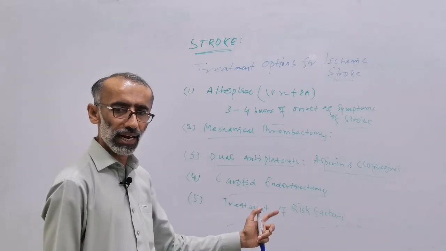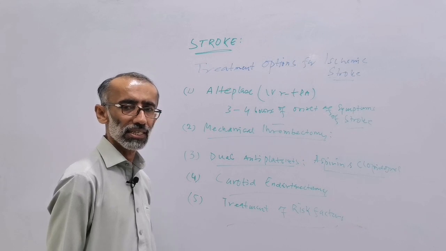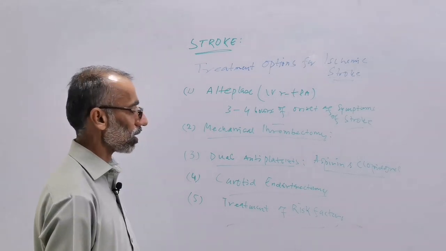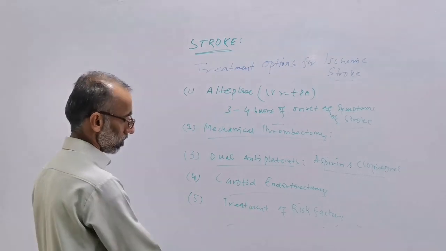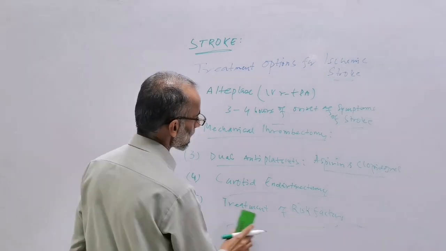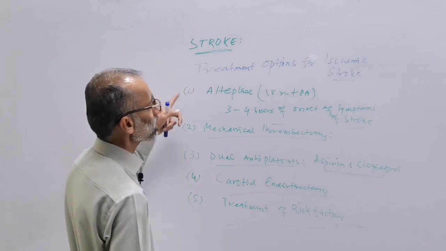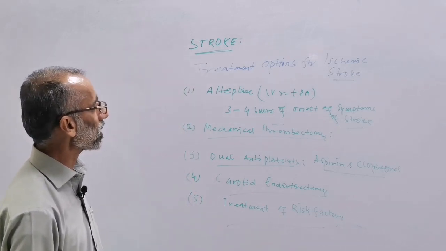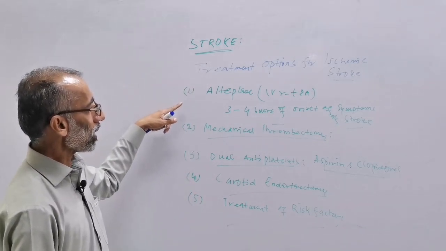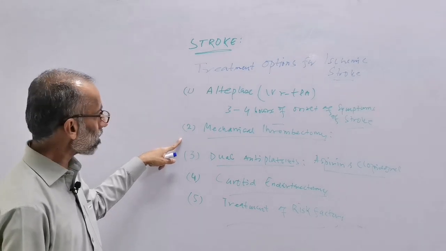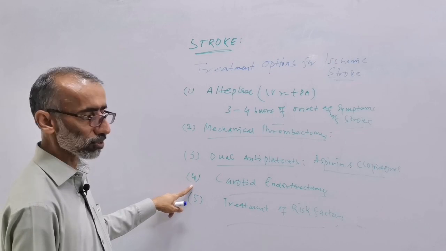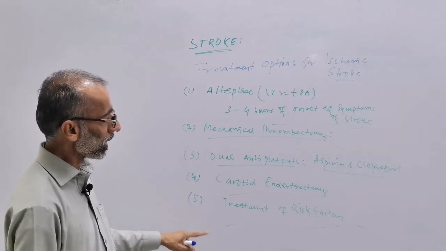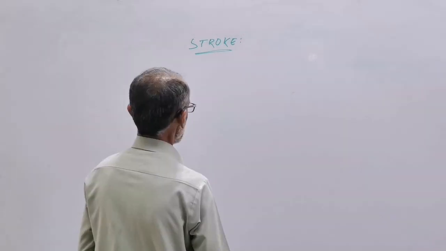If your patient is hyperlipidemic or having high blood pressure, you have to treat them according to the risk factor. These are the treatment options for the ischemic stroke: alteplase, mechanical thrombectomy, dual antiplatelet therapy, carotid endarterectomy, and treatment of risk factor.